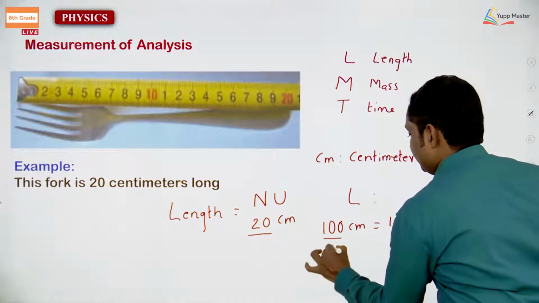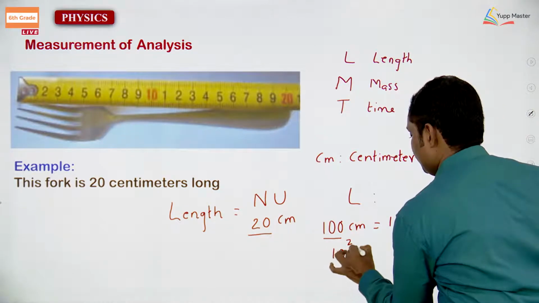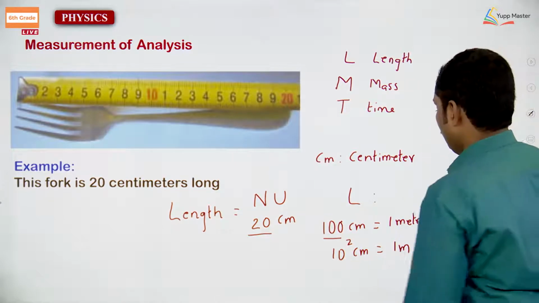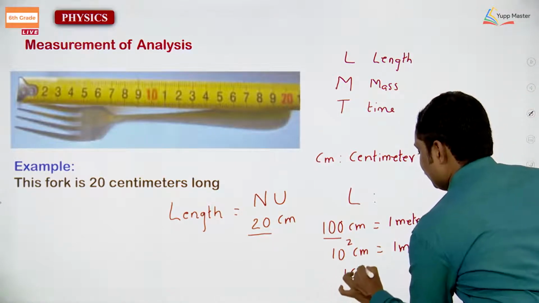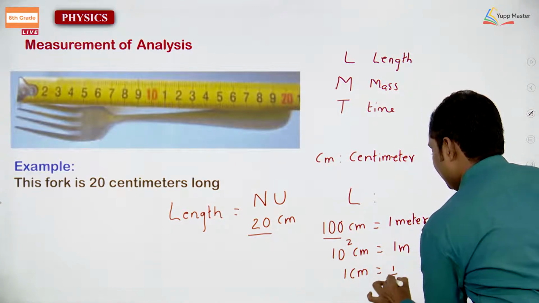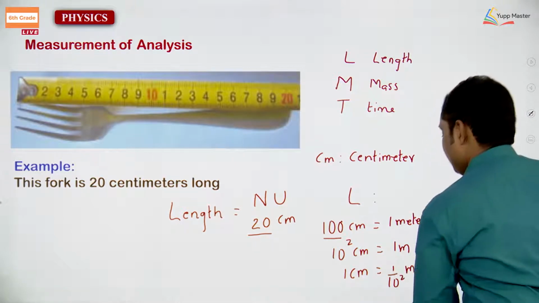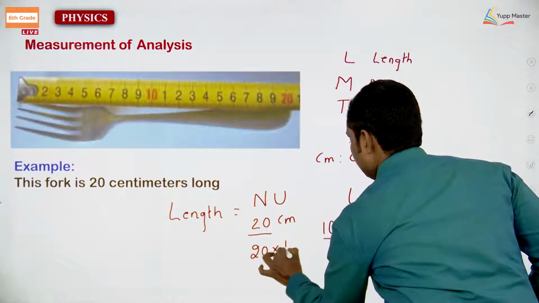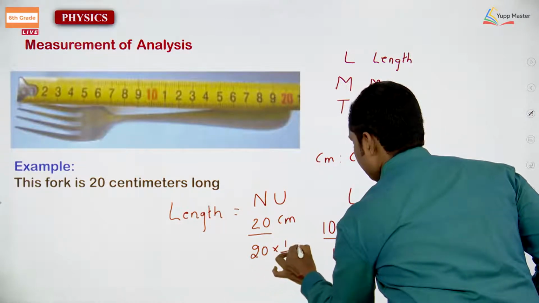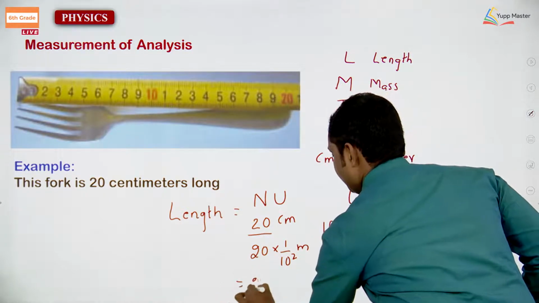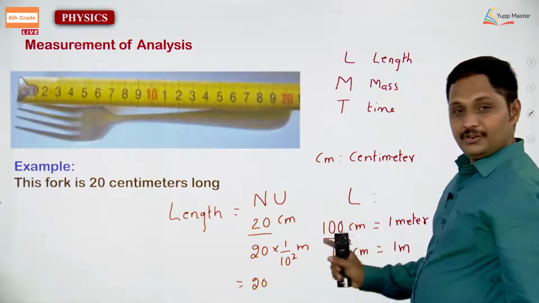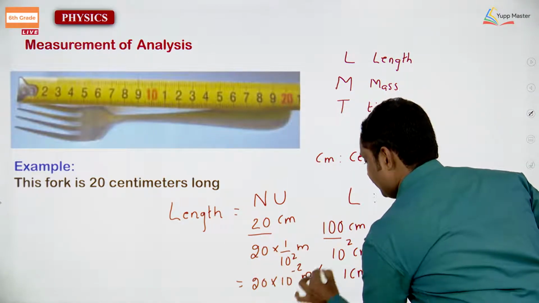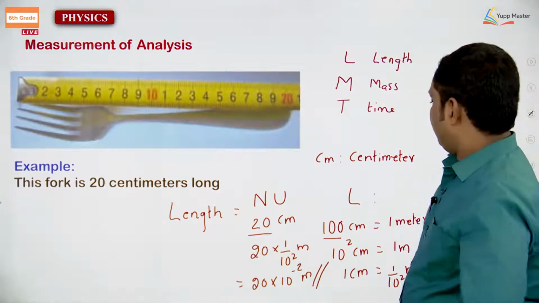You will write 10 power 2 centimeter is equal to 1 meter. So 1 centimeter is equal to 1 by 10 square meter. That is, you can write 20 into 1 by 10 square meter. So you will write it as 20 into 10 power minus 2 meter. All right, it is very clear.